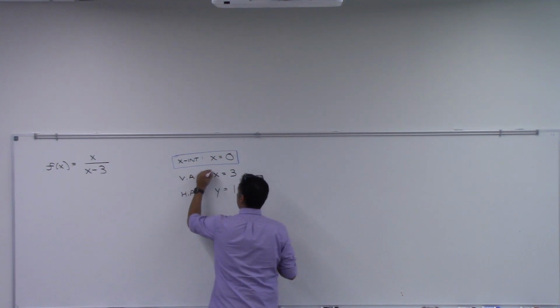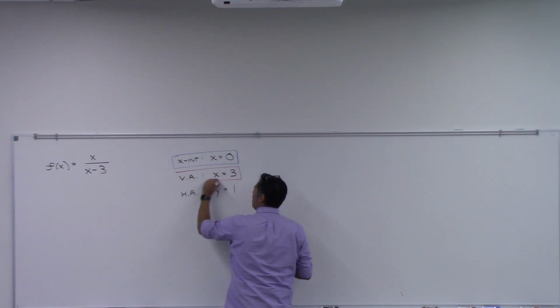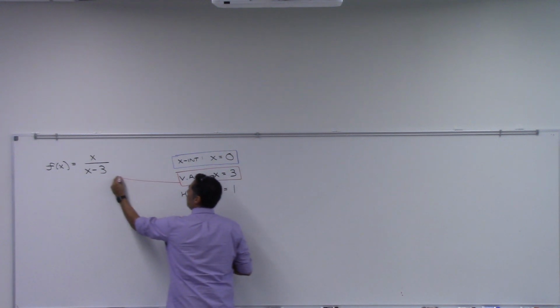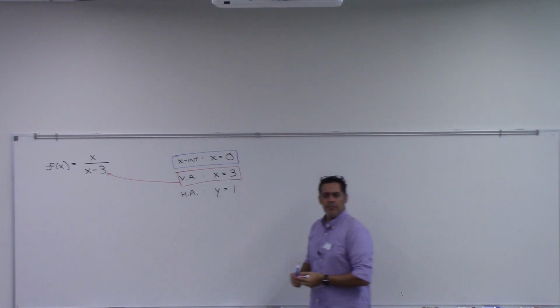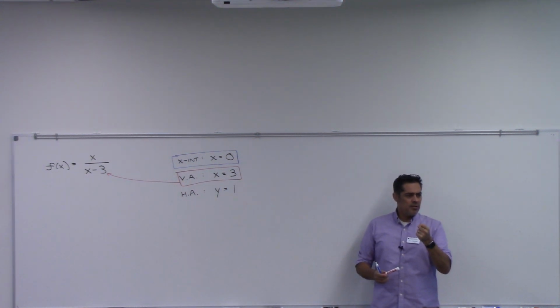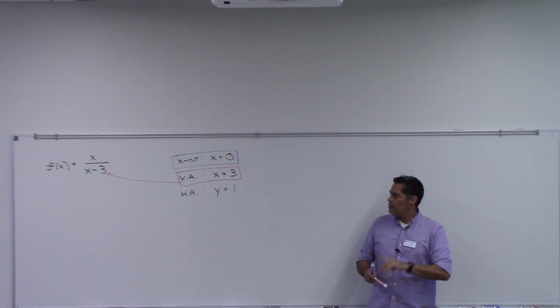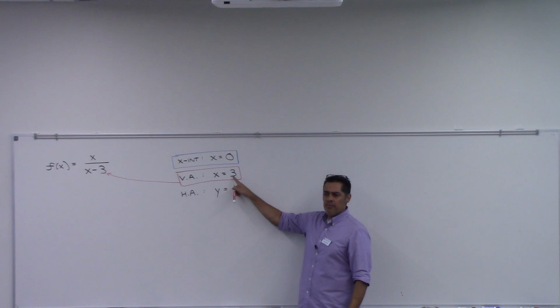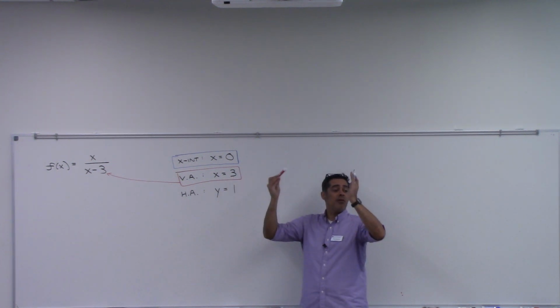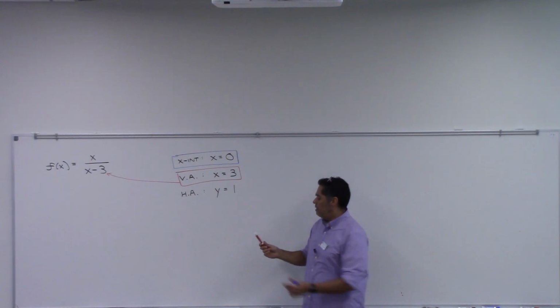Does everyone see that possibly this 3 is coming from setting that equal to 0? If you set the bottom equal to 0, what would you get? 3, right? I wonder if that's where this comes from. On all rational functions, wherever the bottom is 0 is where you have verticals. I wonder, what about this?